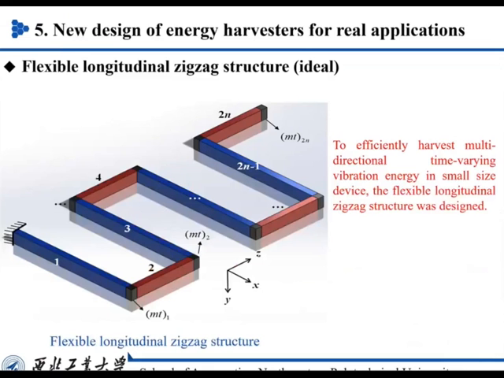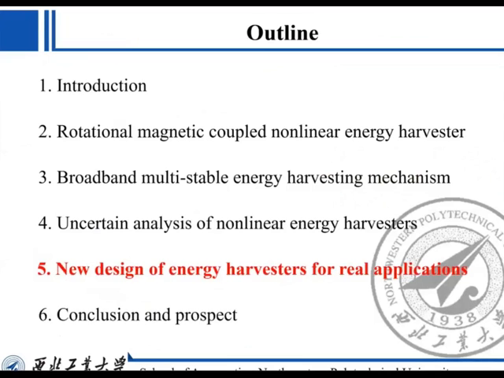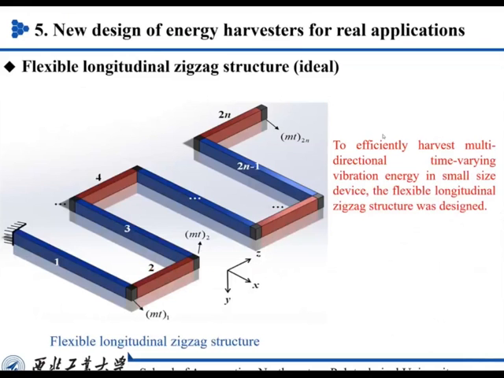Okay, besides the nonlinear energy harvesters, we also make some new designs. This is a flexible longitudinal zigzag structure. This structure is designed to effectively harvest multi-directional time-varying vibration energy in a small-size device.